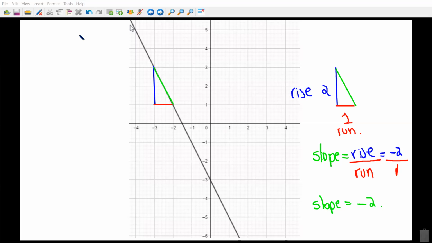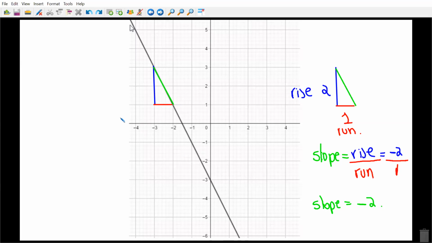Teacher, how do you identify the run? How do I identify the run? Yes, like how do you find it? Well, with the triangle or without the triangle? With seeing the line only. Only looking at the line.